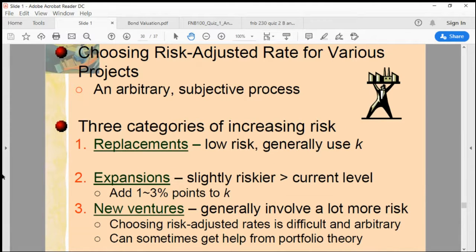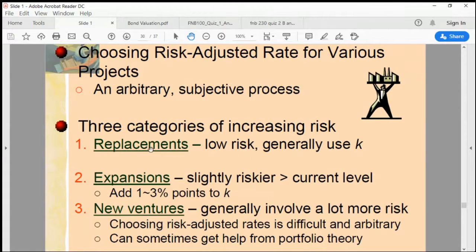Of course, and I've been telling you, depending on the nature of the project, whether it is replacement, expansion, or new venture, the risk premium would have to vary. If it is simply a replacement project, just use the company's average ordinary projects.